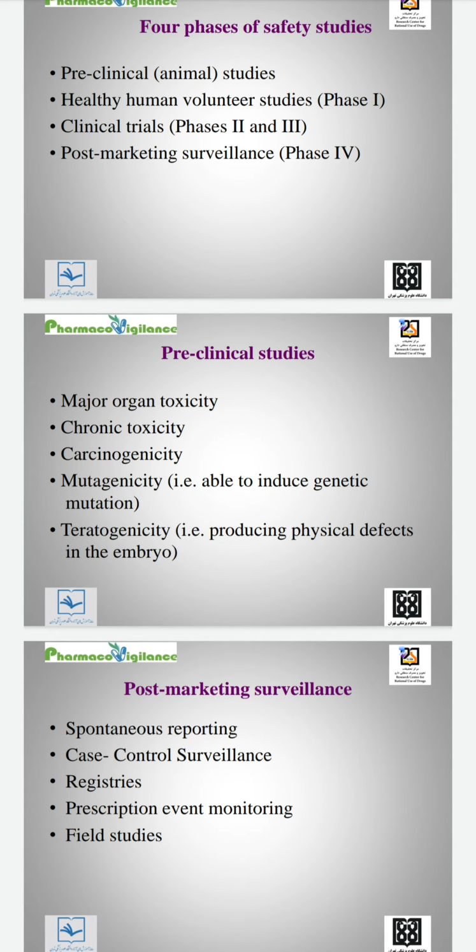Teratogenicity, that means producing physical defects in the embryo of mice, rats, and other animals or not. These are the preclinical studies: major organ toxicity, chronic toxicity, carcinogenicity, mutagenicity, and teratogenicity.